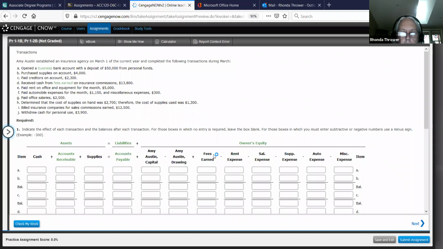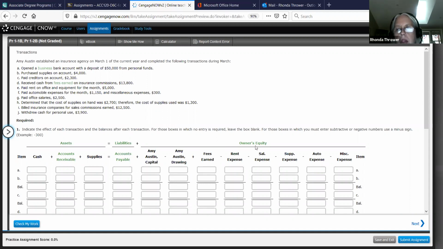The revenue is going to be recorded in what we call fees earned in this problem. Your expenses are all recorded separately as expense accounts. And the drawing account is another word that we use for withdrawals of the business.